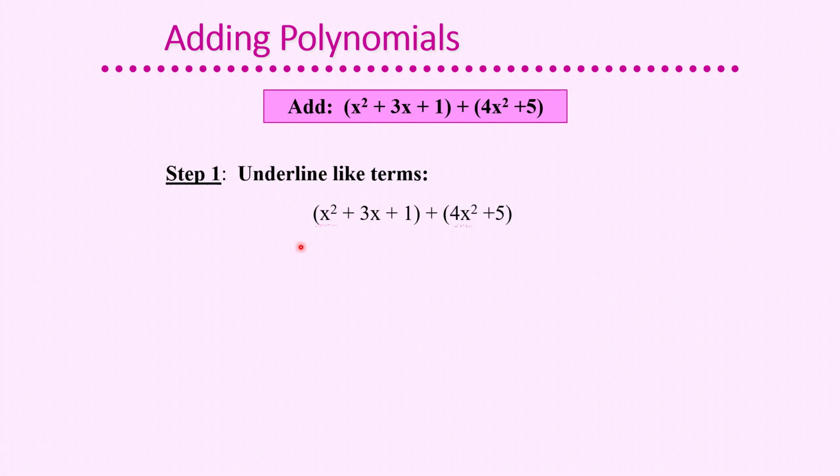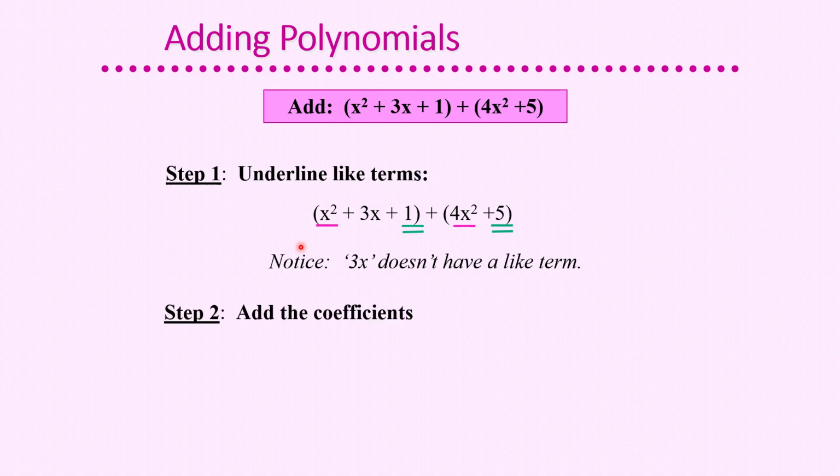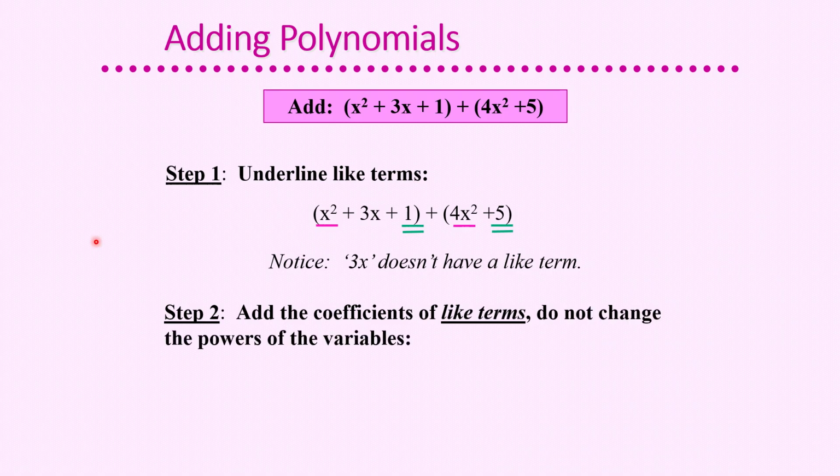The like terms here are x squared and 4x squared, and also 1 and 5. Notice 3x doesn't have a like term. Next, step number 2, add the coefficients of like terms. Do not change the power of the variable.